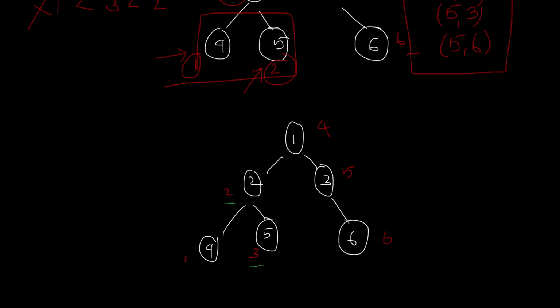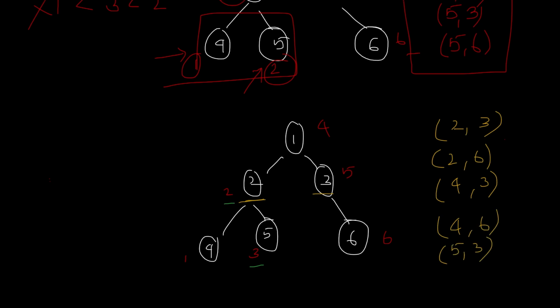Yes, we do. Here 2 and 3 make a pair, because 2 is less than 4, 4 is less than 5. Then 2 comma 6 makes a pair, 4 comma 3 makes a pair, 4 comma 6 makes a pair, 5 comma 3 makes a pair, 5 comma 6 makes a pair, and the new one is this one, 4 and 5.